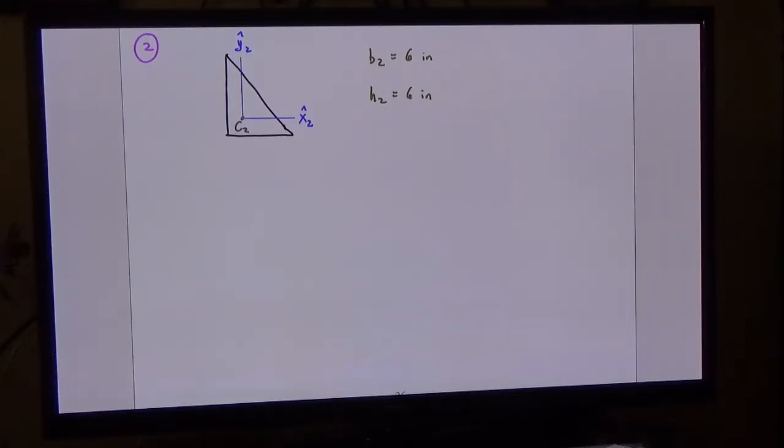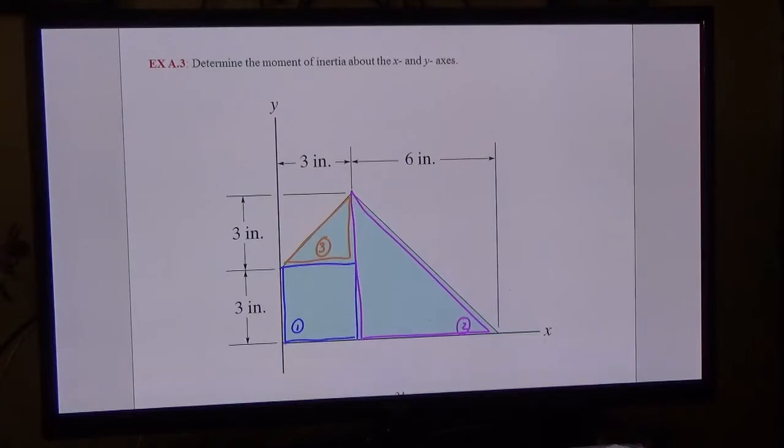Then I go about specifying the same 4 quantities: centroid location, area, I about x hat, and I about y hat. So I'll locate the centroid of part 2. In the x direction, I have to get to the left edge, so 3 plus, the right angle is right here, so then 1/3 of 6.